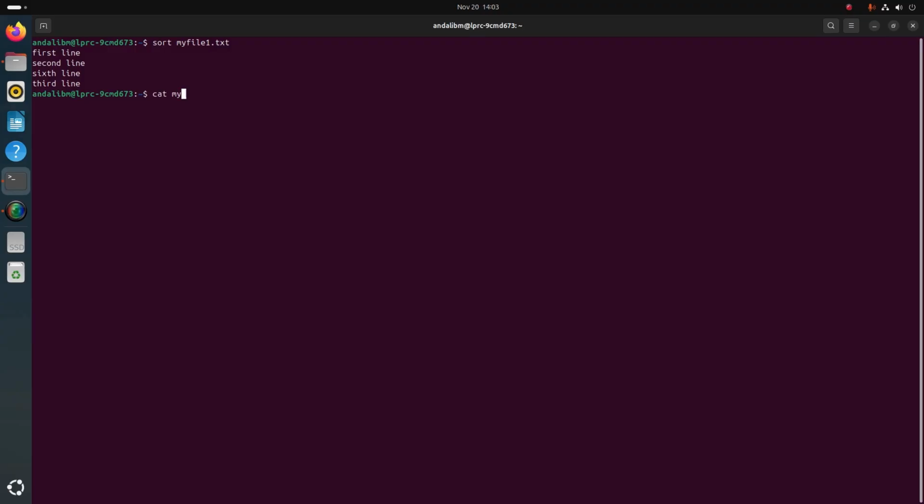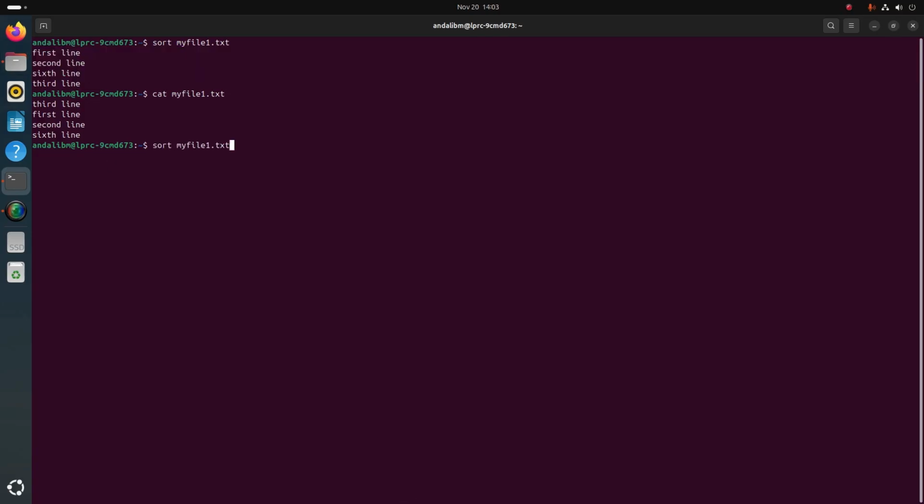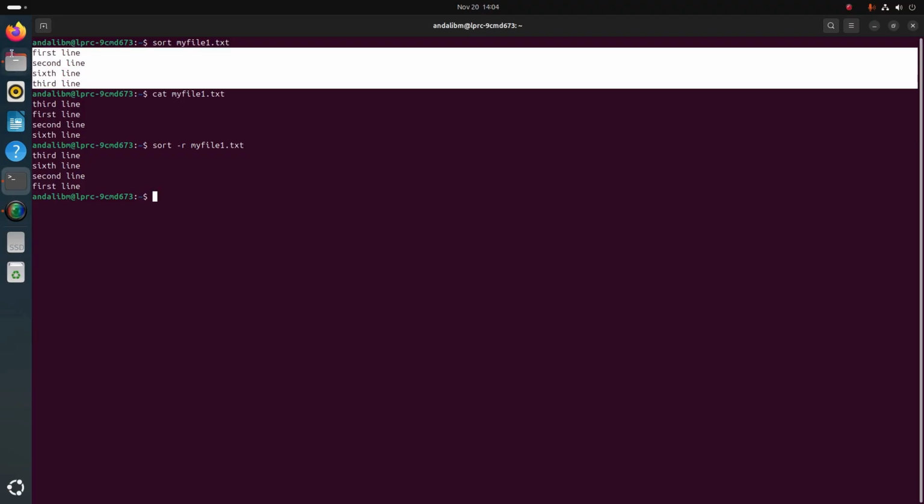Remember, this is how the file was. Third was first, and then first and second and sixth. Now they are in alphabetic order. Now if you want to do it in reverse alphabetic order, you can use -r. So now T goes top, F goes to the bottom. Exactly opposite of this, right?